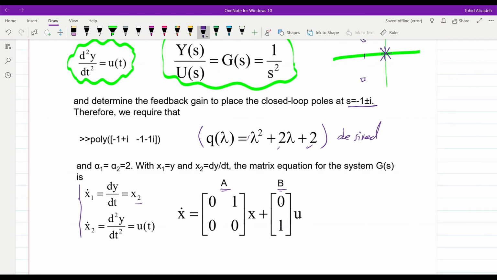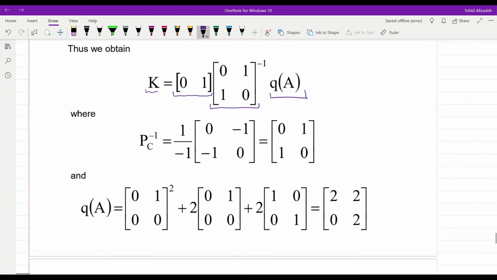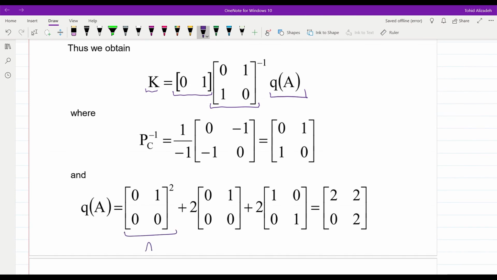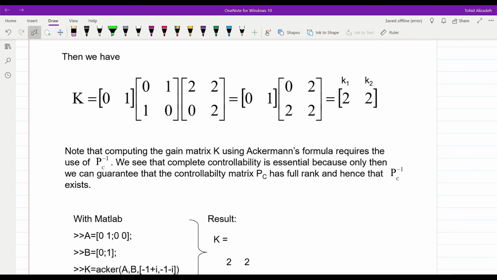A squared plus 2 times A plus 2 times the identity matrix, and we have it here. For the controllability matrix, we need to find its inverse, so we have it here. And then if we plug all these into the Ackermann formula, we will get K equal to [2, 2].